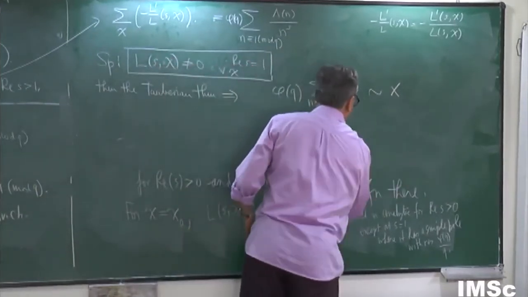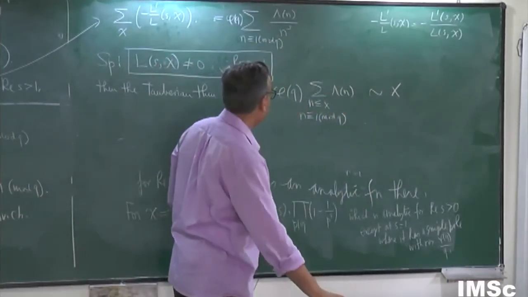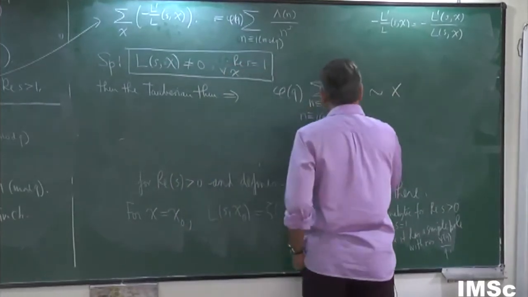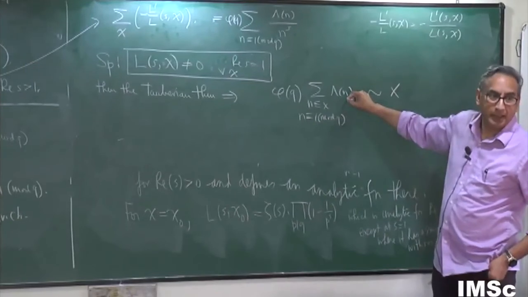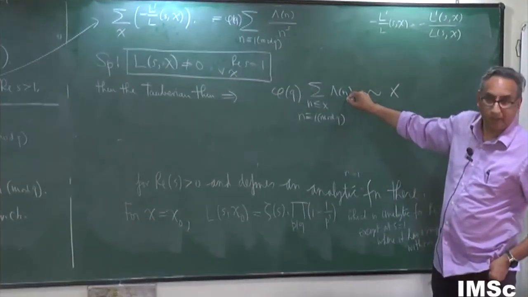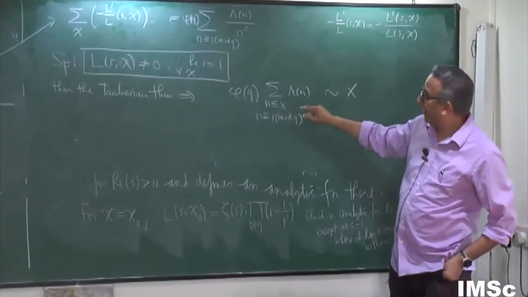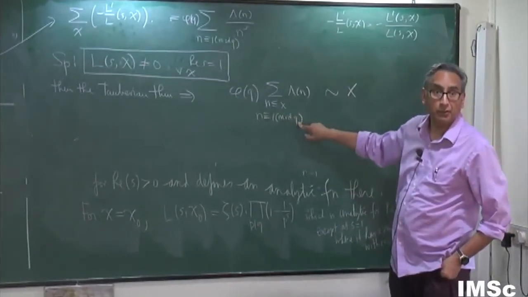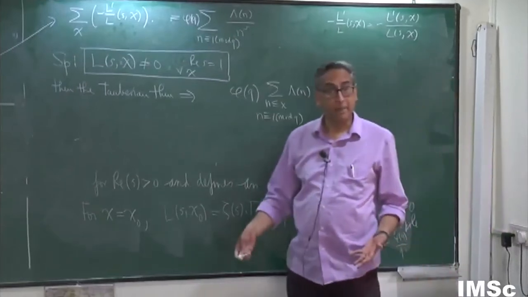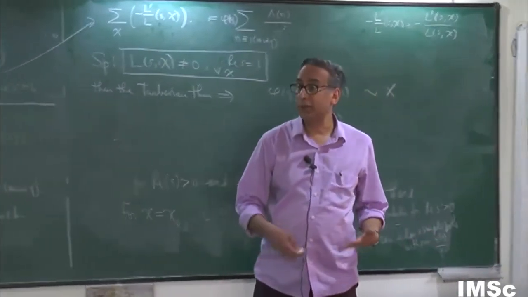Now, what is this saying? Well, remember this lambda of n is essentially log p when n is a prime power, and it's 0 otherwise, so it's only supported on prime powers. So firstly, there are primes congruent to 1 mod q, but there are also prime powers, p squared, p cubed, and so on.